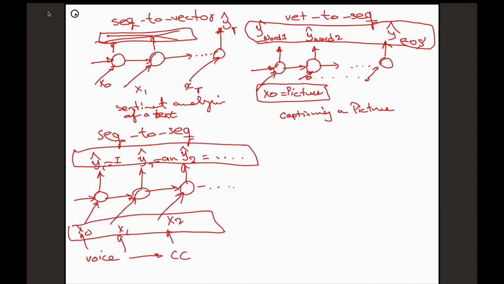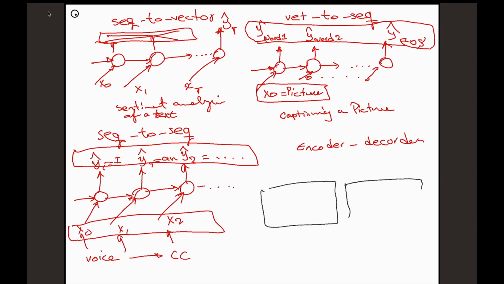Lastly, we can have the encoder-decoder framework. In the encoder-decoder framework, we have two connected cases. One is where you don't care about anything in between. So you have a sequence to vector here. Sorry, not word to vec, sorry for mixing things up. You input things, and you only output one thing that matters, and let's call it a hidden state.